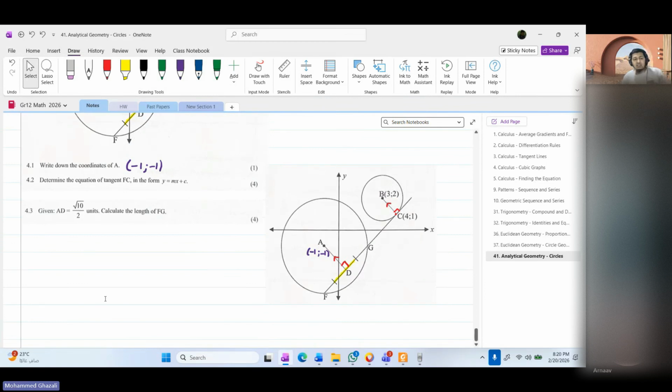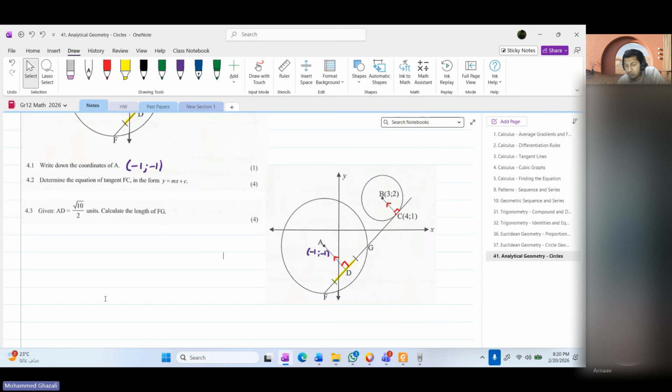Given that the length of AD is root 10 over 2, calculate the length of FG. Isn't that a distance that's given? AD is equal to the square root of 10 over 2.